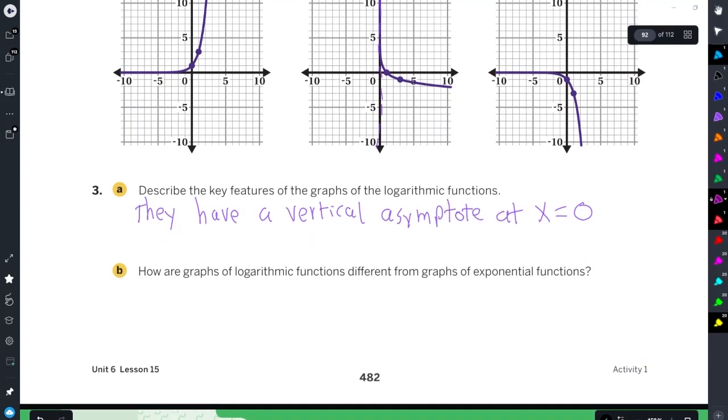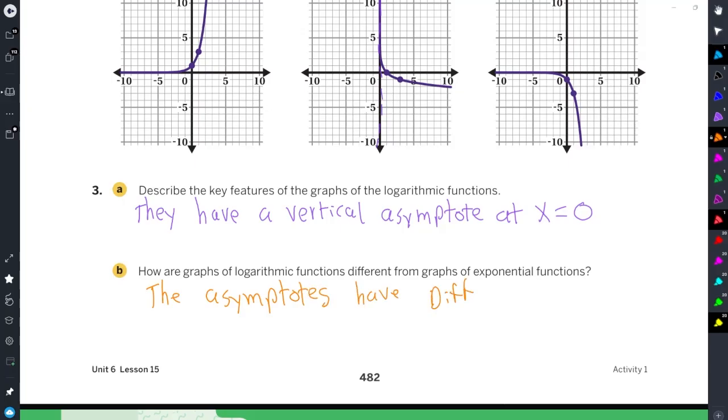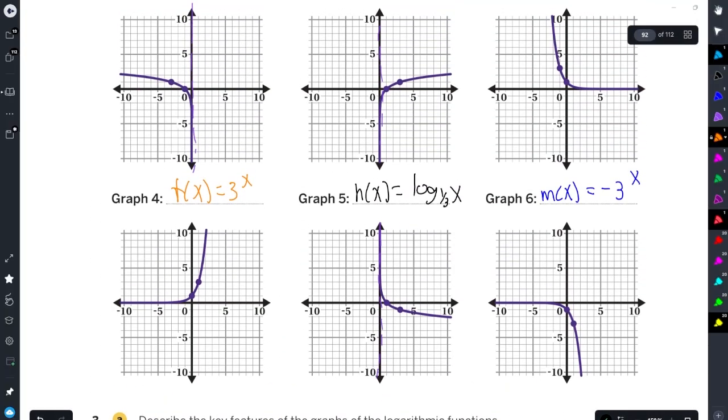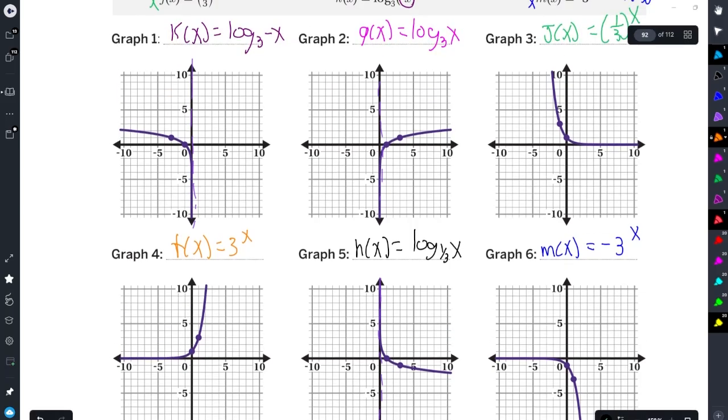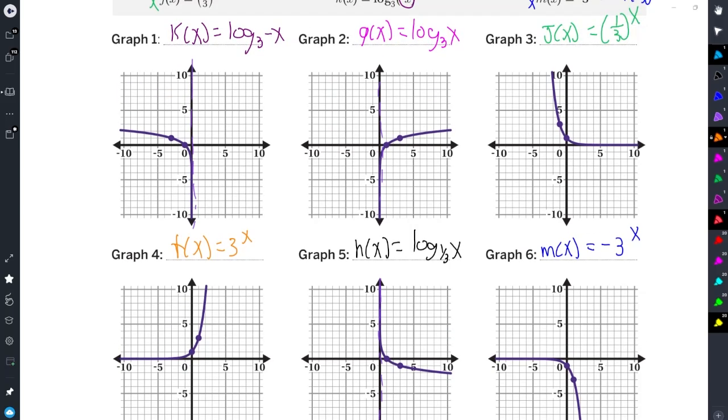Now, how are the graphs of logarithmic functions different from the exponential functions? Well, the asymptotes have different equations. It was always x equals for the logarithmic ones. For exponential functions, our asymptotes were always y equals. You may also notice that the exponential functions had no x-intercepts, and the logarithmic ones had no y-intercepts.